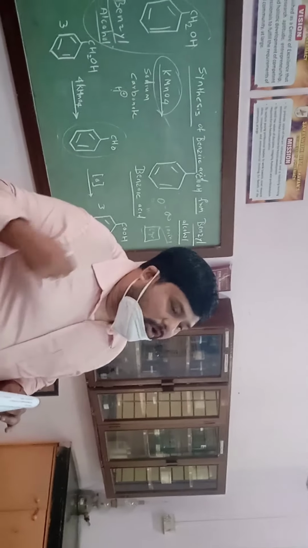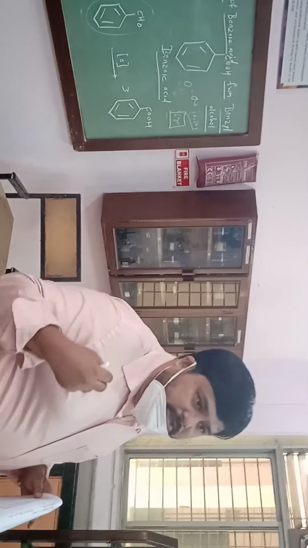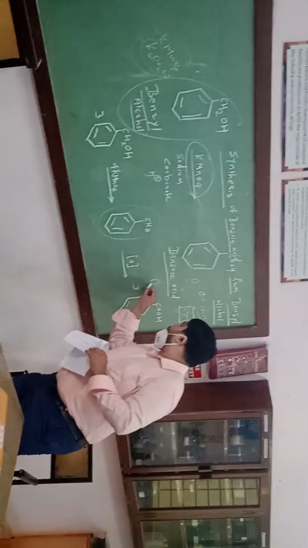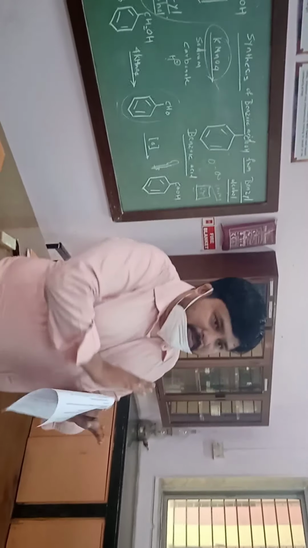Just pay attention. In this organic chemistry lab, never pipette out any solvents or chemicals. In other labs, in pharmaceutics and physical pharmacy, you pipette out the solvent, right? But with organic solvents, you should not use mouth pipetting.